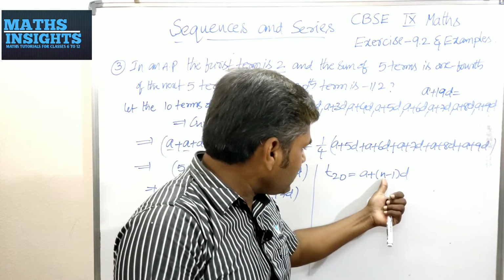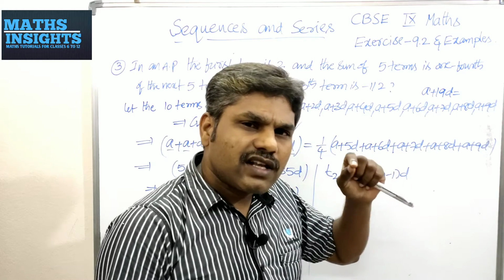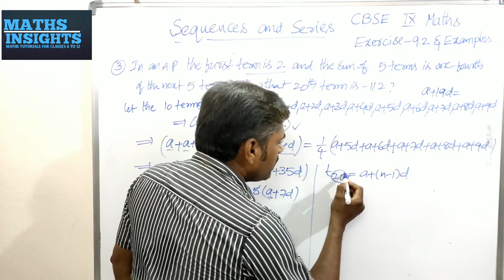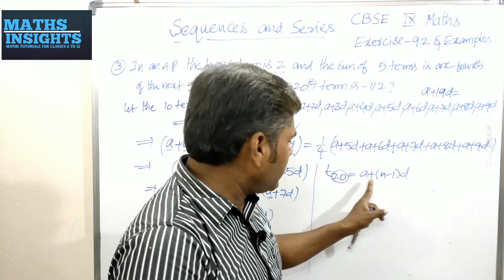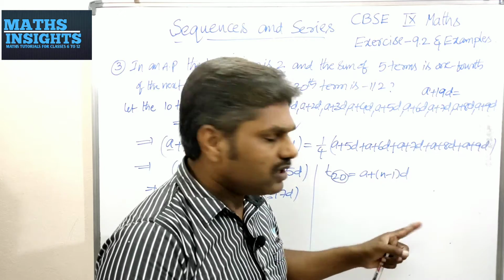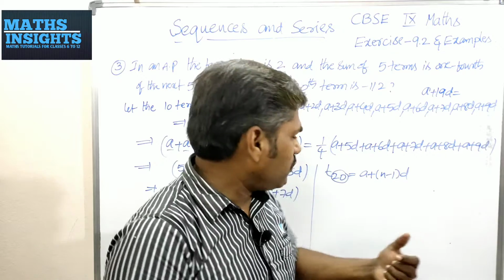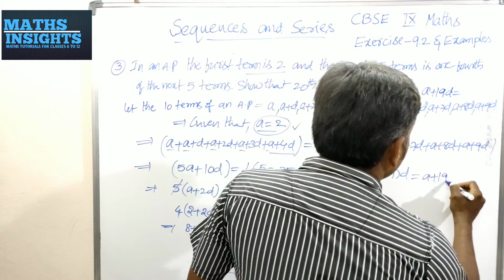But if you put n equals 20, 20 minus 1 is 19. See, whenever you want to find a particular term, the coefficient of d will become 1 less than the term number. So I am writing directly, not writing the formula every time. So it will become a plus 19d.